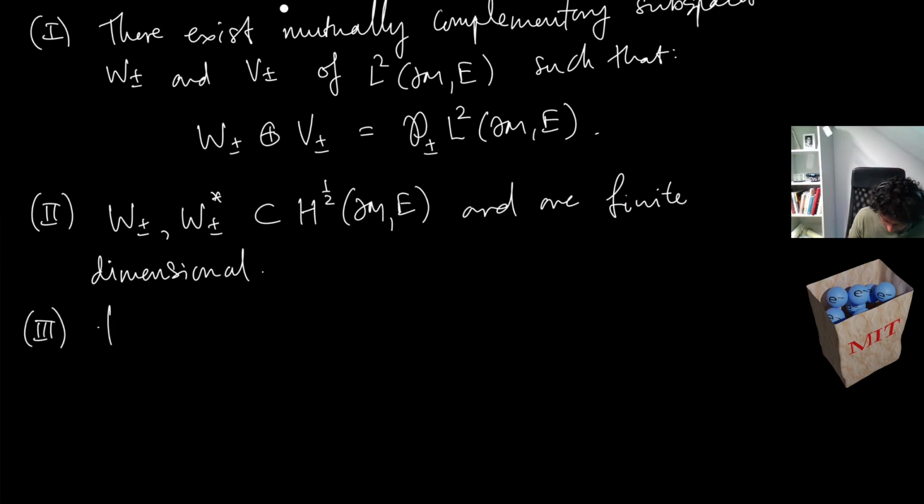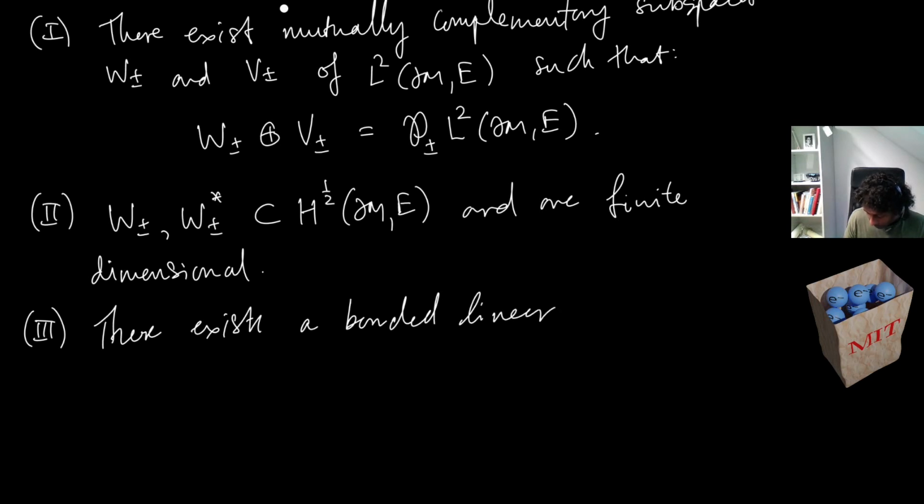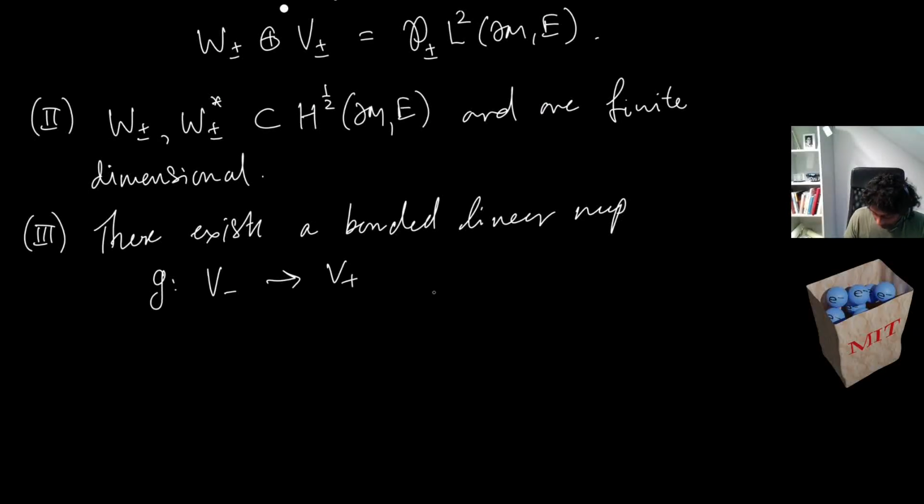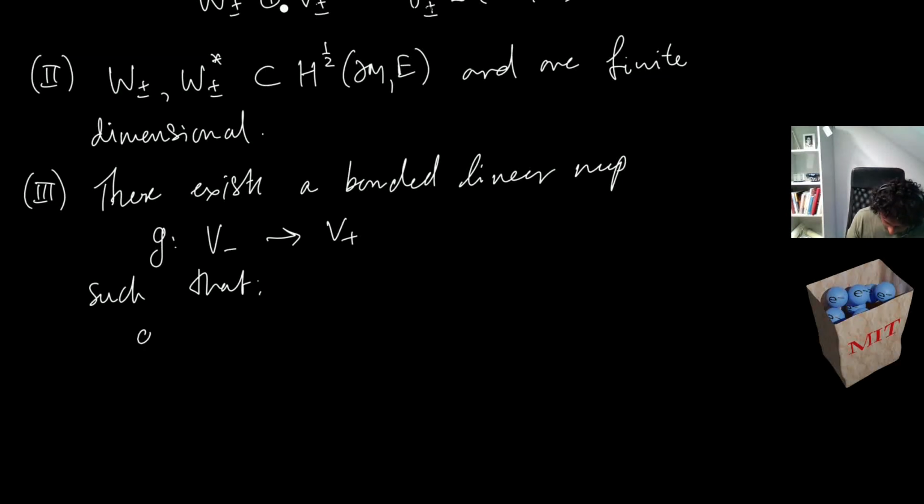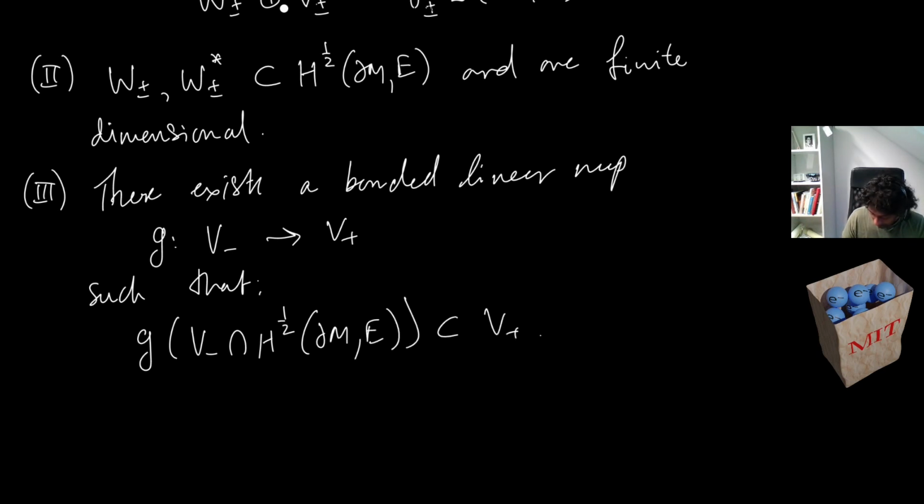Lastly, there exists a bounded linear map G that takes us from V minus to V plus, such that, first, I want G of V minus intersect H half to land me in V plus intersect H half.